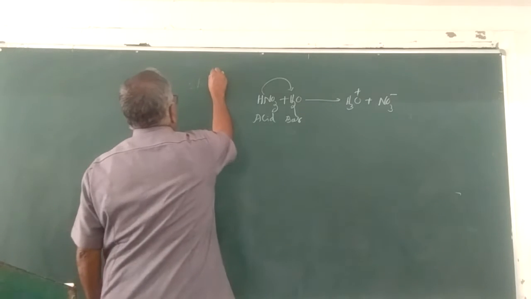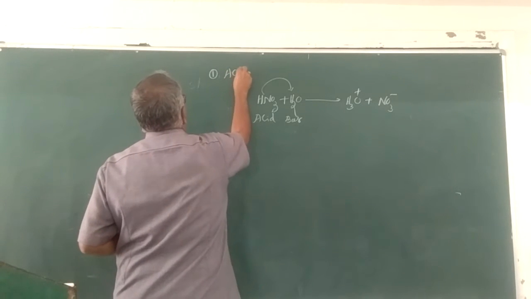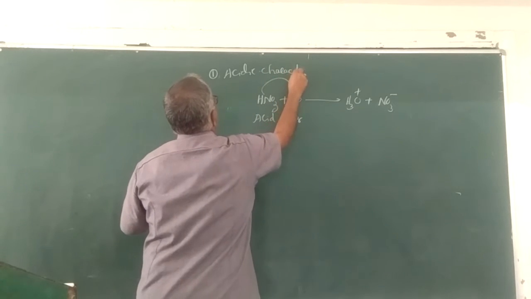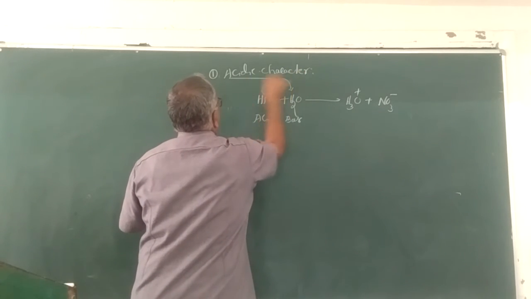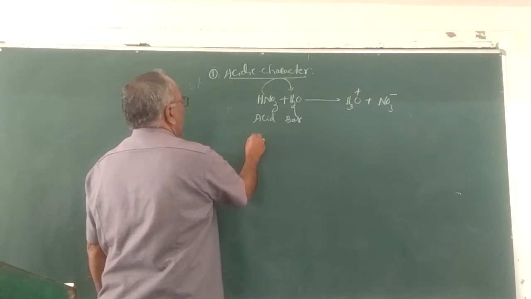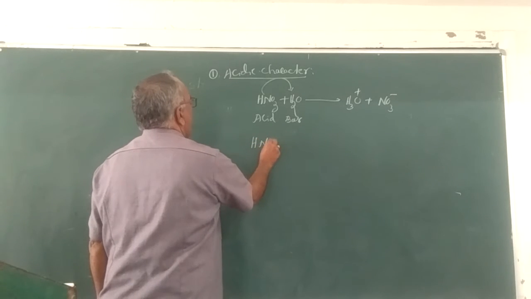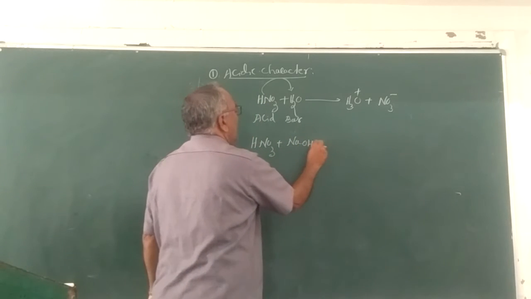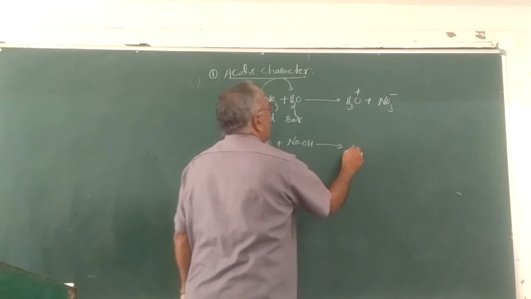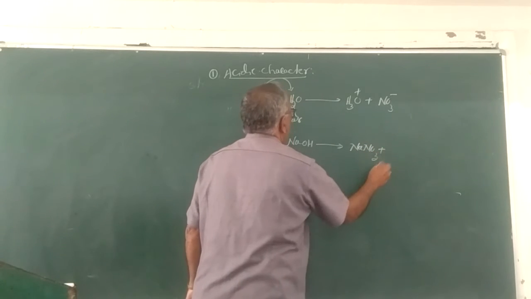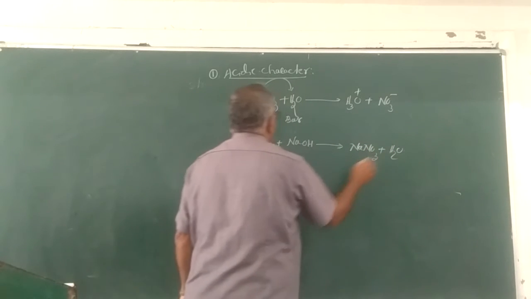The first one is acidic character. Due to the production of the proton, it is said to be an acid. It reacts with a base like sodium hydroxide, leading to the formation of salt and water, sodium nitrate and water.